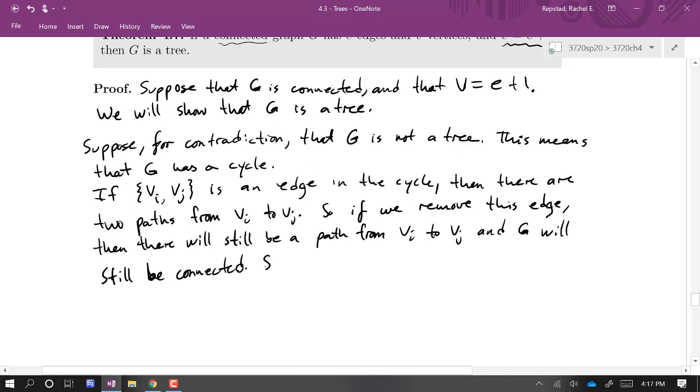So let's remove this edge. So we've removed an edge, we still have a connected graph. If there's another cycle, we'll just repeat this process.